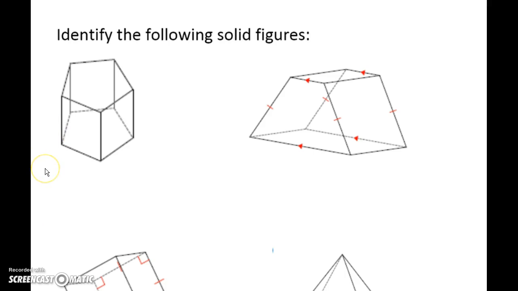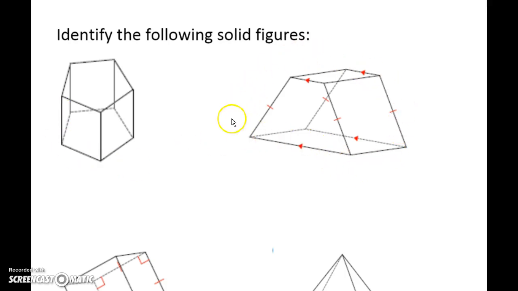All right, identifying solid figures. We name solid figures. They're either prisms or pyramids or spheres or hemispheres. This one right here we call a pentagonal prism because if you look, the shape of the top is a pentagon. It's a 5-sided figure, and it's a prism because it's 2 parallel faces joined with rectangles.